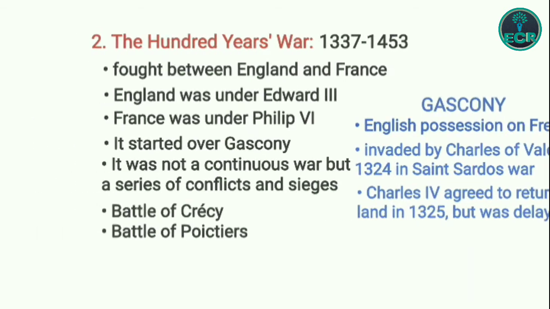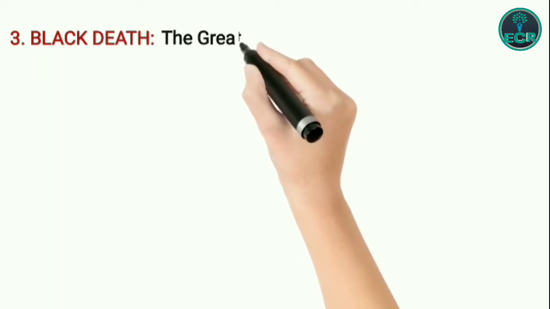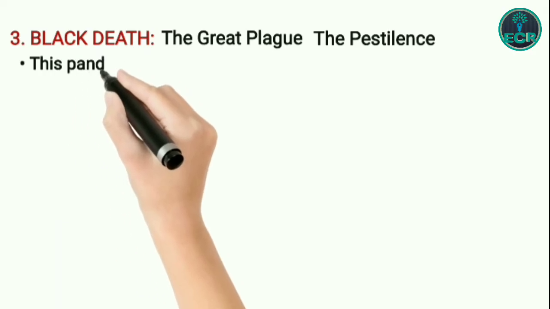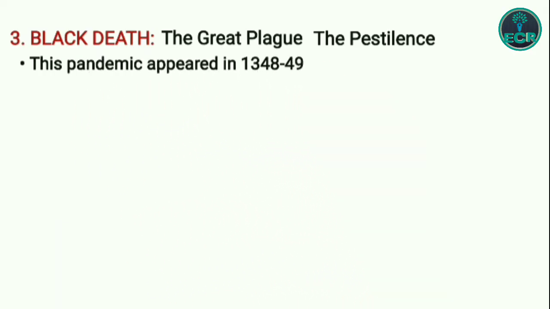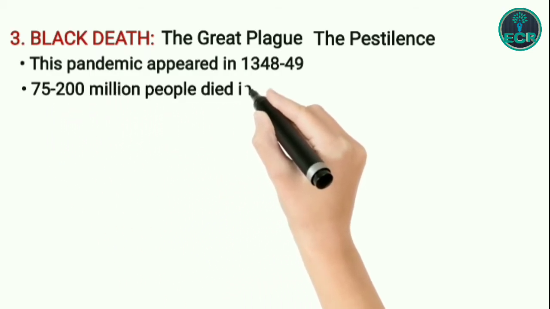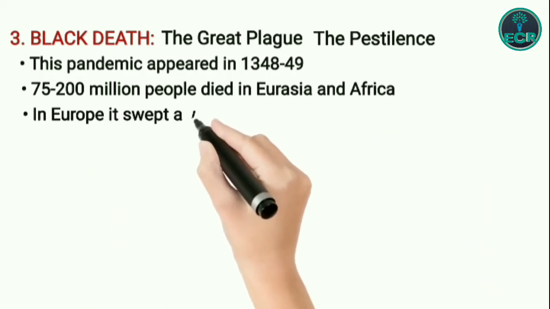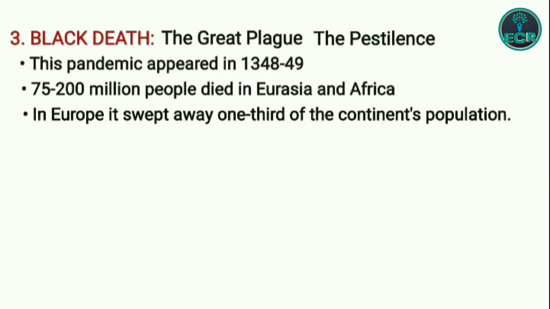Then came the Black Death. It is also called the Great Plague or the Pestilence. This pandemic appeared in 1348-49. About 75 to 200 million people died in Eurasia and Africa. In Europe alone, it swept away one-third of the continent's population.